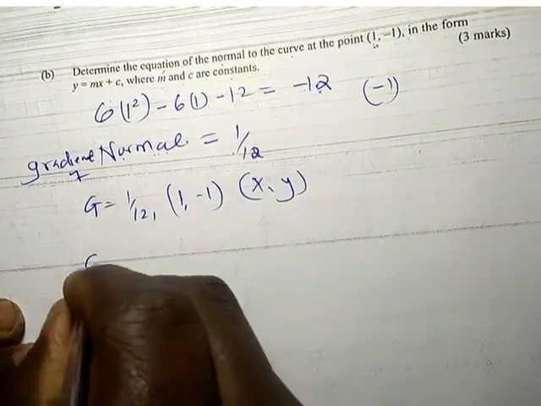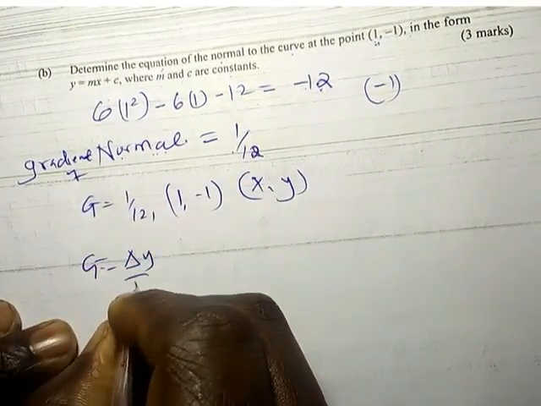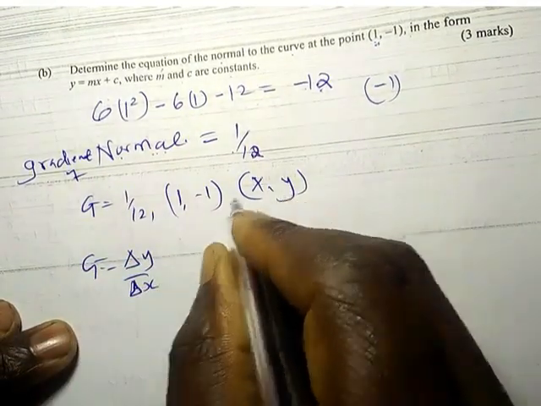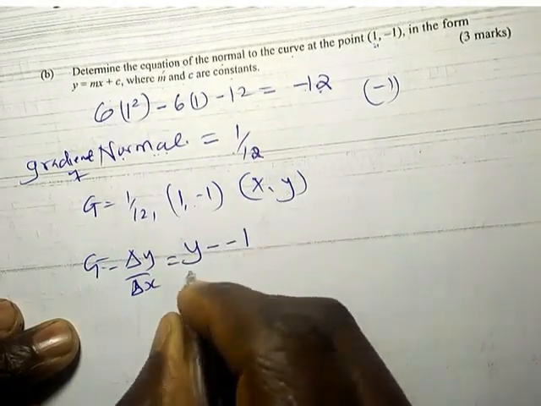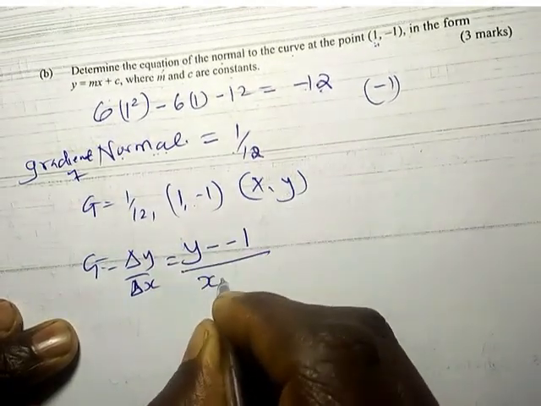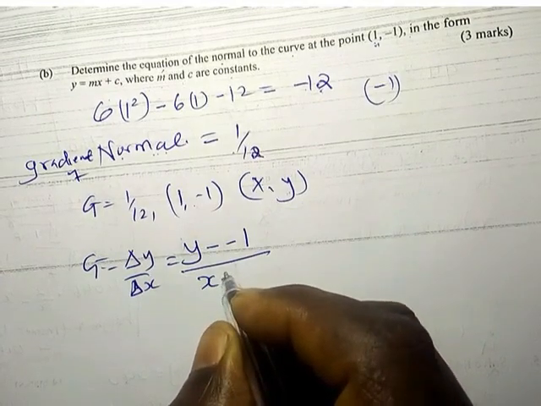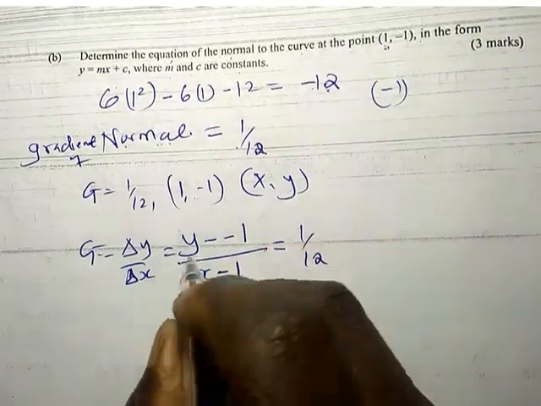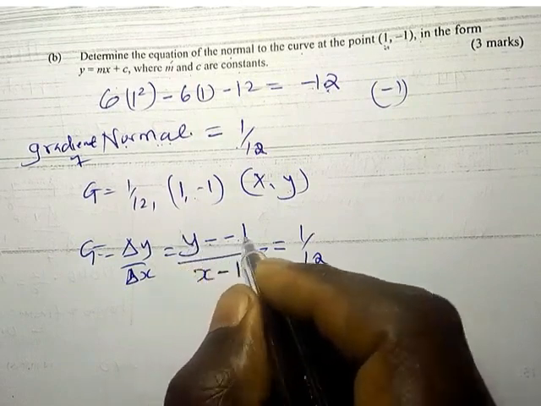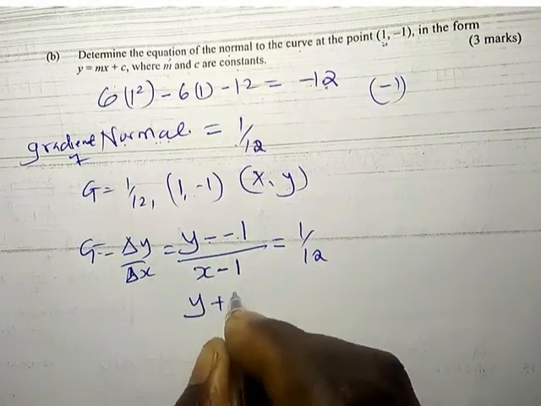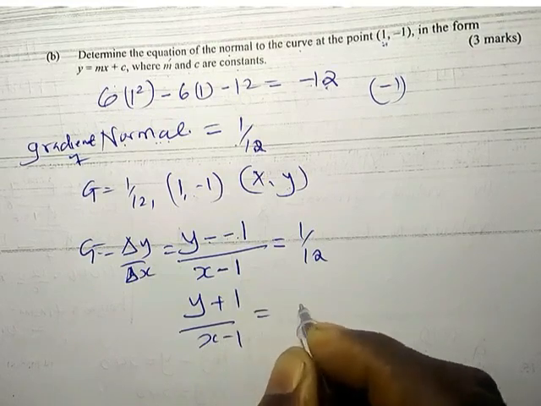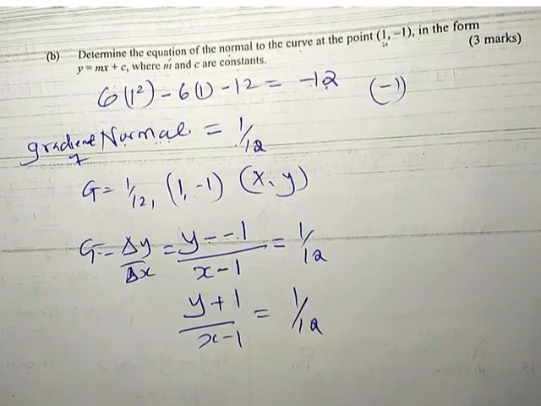So gradient we know is change in y over change in x. So y minus, that is y minus 1, over x. So y minus 1 is going to be positive, we know that. So it becomes y plus 1 over x minus 1, that is 1 over 12.